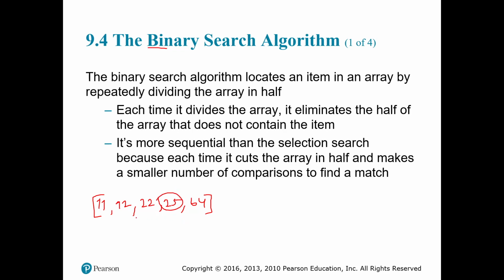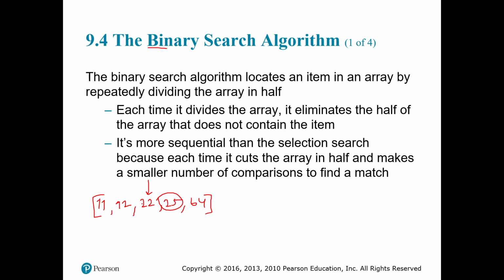What this algorithm is going to do is look at the middle element of your array, and our middle element is 22. So we're going to look at this element 25 and think to ourselves, is 25 greater than 22 or less than 22? Or is it 22, the element that we're looking for?